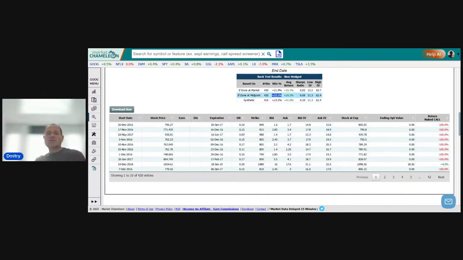Your average returns compared 15% to 29%. So you could see that the returns were significantly different because you paid less, right? If you're paying less and it goes up, on a percentage basis you're making more.